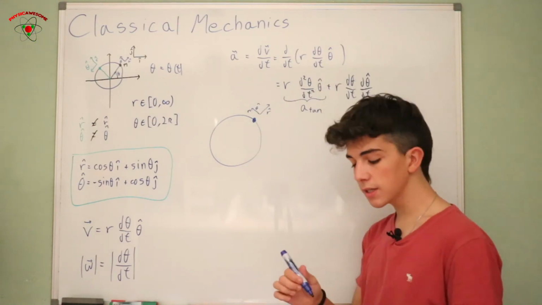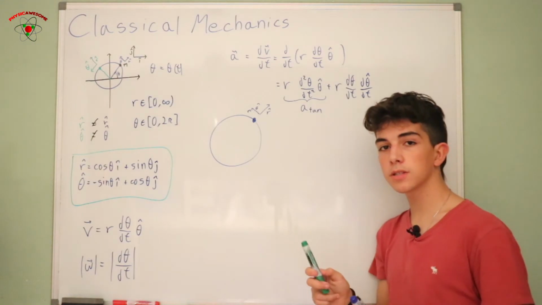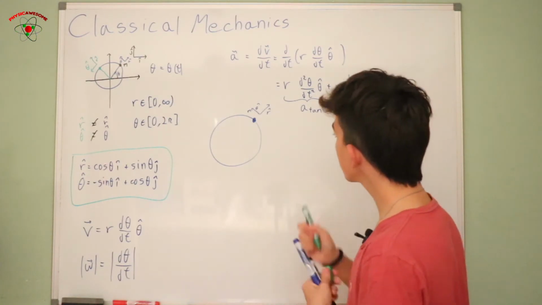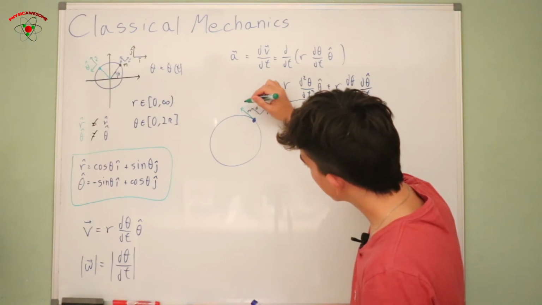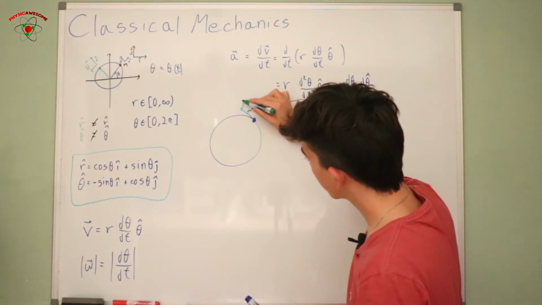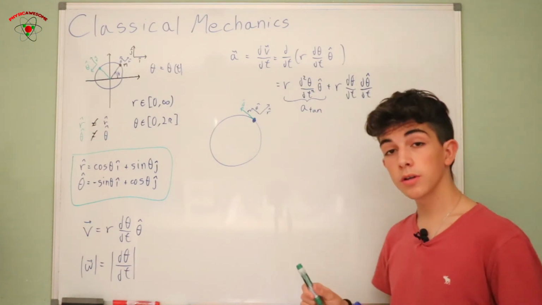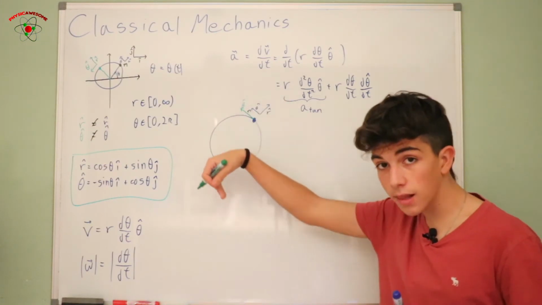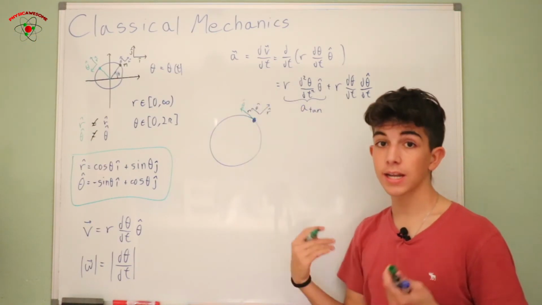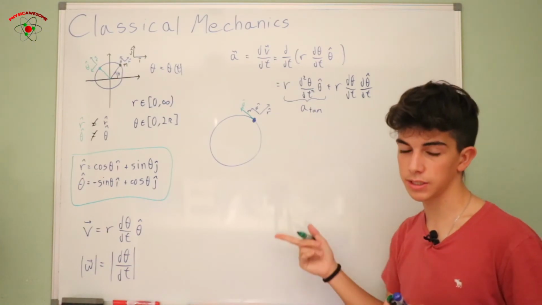And we can see that this component of acceleration is always going to be pointing in the theta hat direction. So right around here, theta hat. Therefore, we can see that this component is always tangential to the trajectory, and that is what makes us call it tangential.